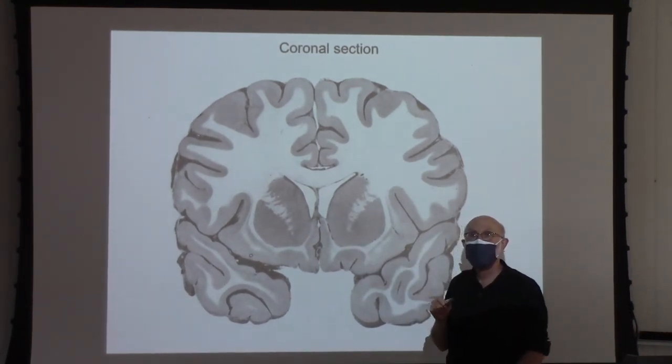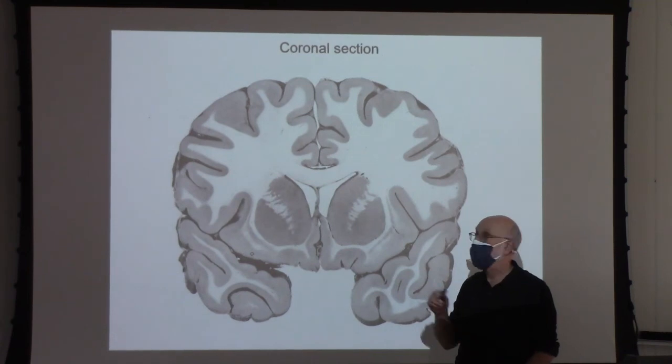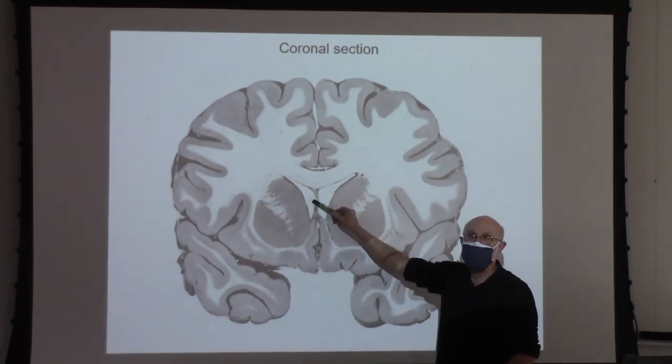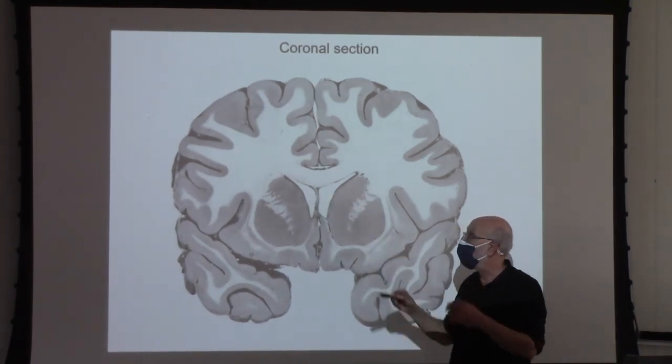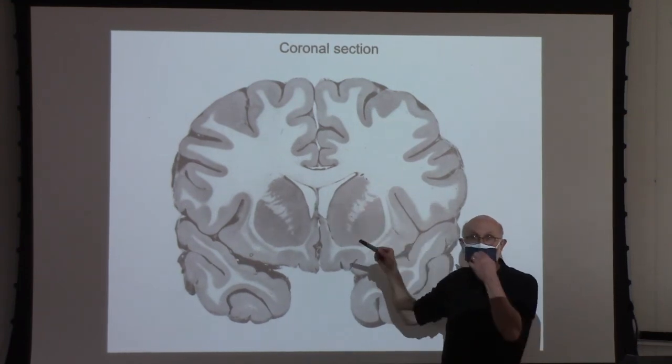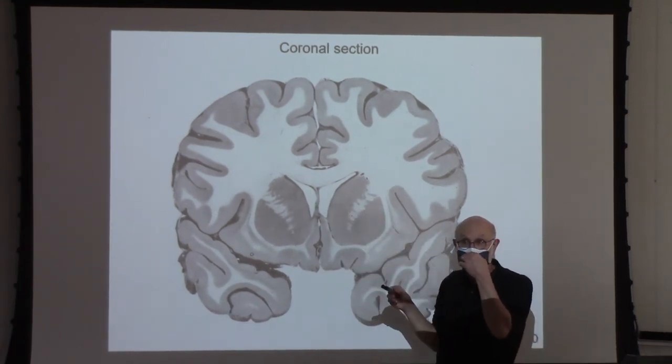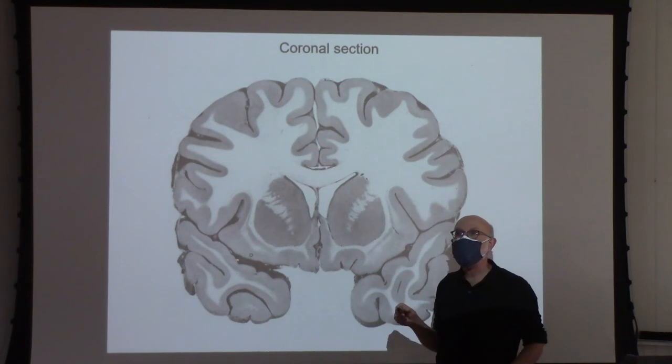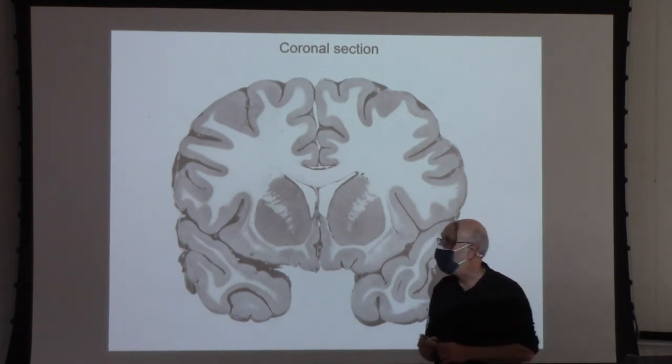Lindsay? Lateral ventricles. These are the lateral ventricles. And I'm going to tell you the name of the membrane that separates the two lateral ventricles is called the septum pellucidum.